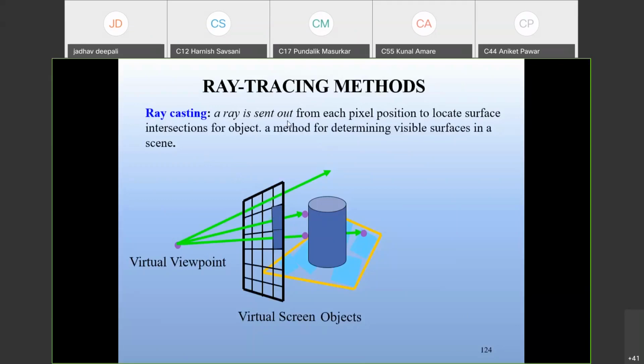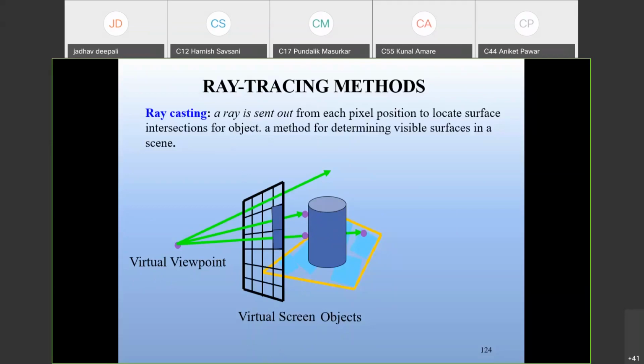A ray is sent out from each pixel position to locate the surface intersection of the object in the scene. That method is the ray tracing method. So this is the virtual viewpoint, the virtual screen, and the object is there.